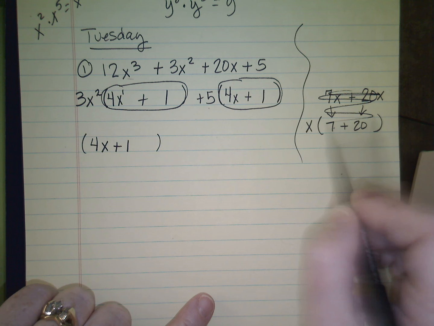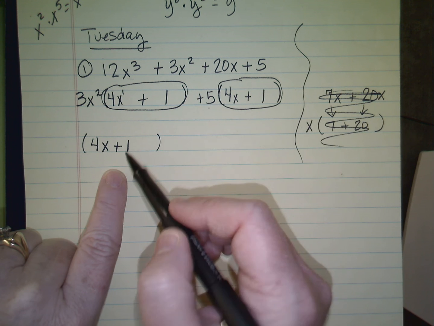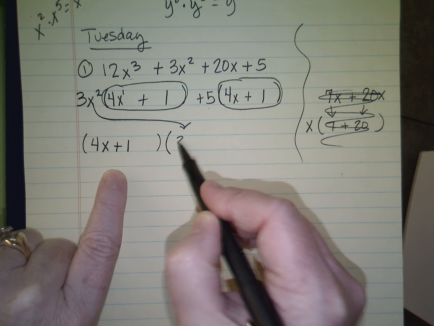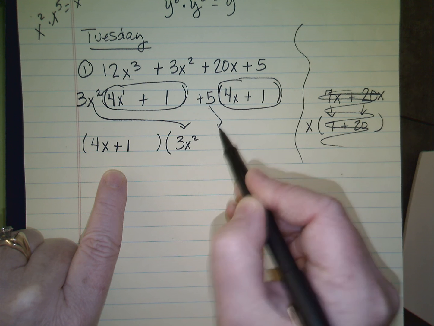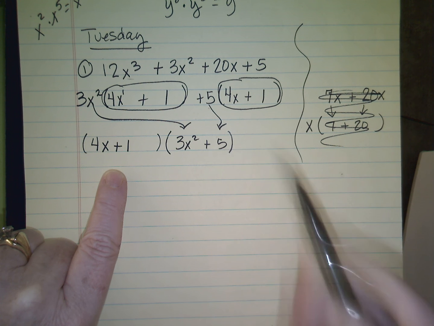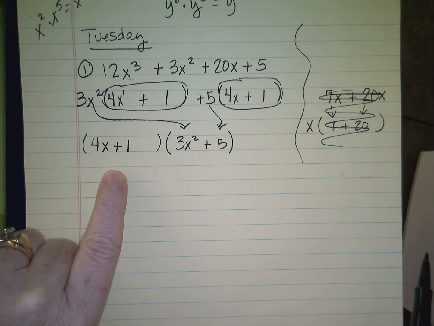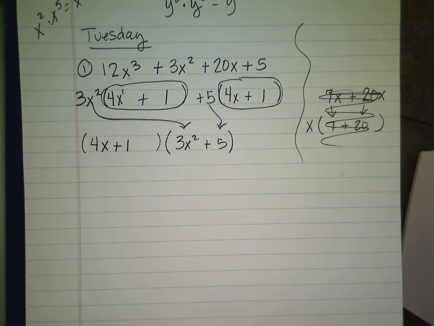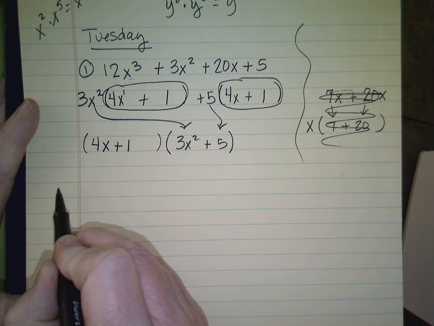Very similar to that process. So I pull what's in common over here. 3x squared goes here. 5 goes here. This is factoring by grouping. Are you writing this down? Kind of weird. Gonna have to do another practice problem.